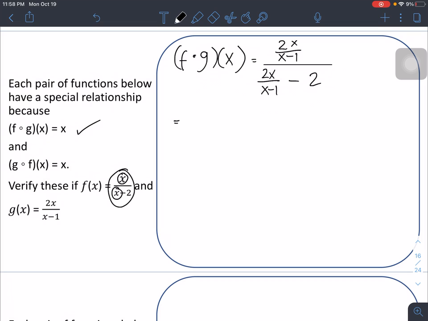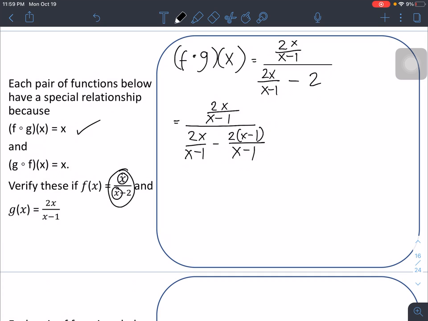So let's try to perform first by combining 2x over x minus 1 with 2. So this will be 2x over x minus 1 all over 2x over x minus 1 minus 2x minus 1 over x minus 1.